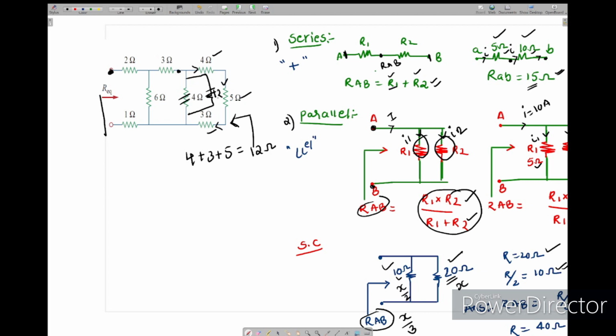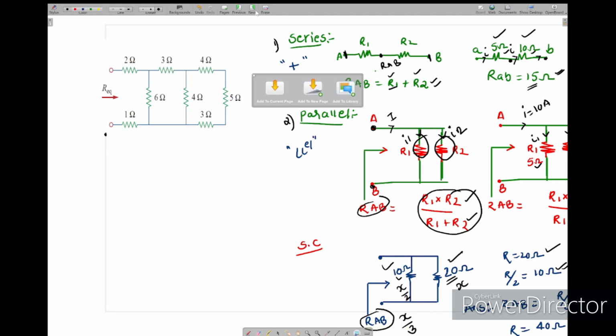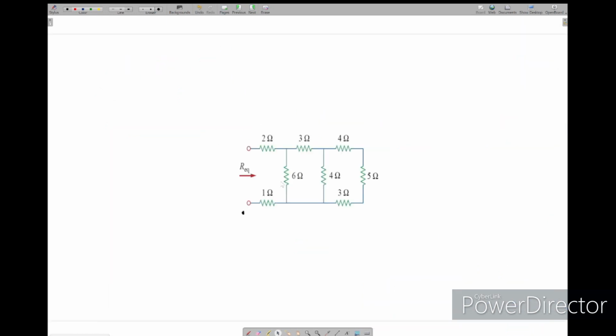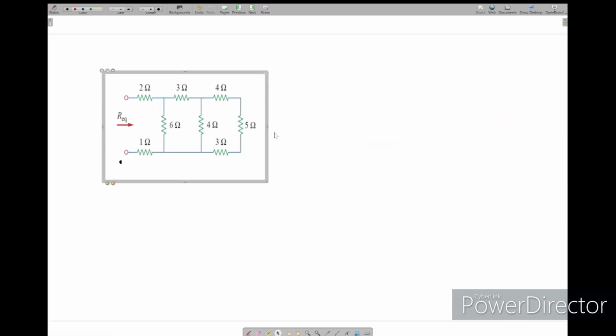Up to here we got a parallel resistance. Now I will take one more slide and explain it clearly.